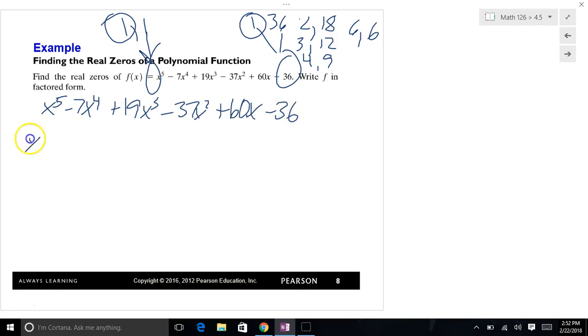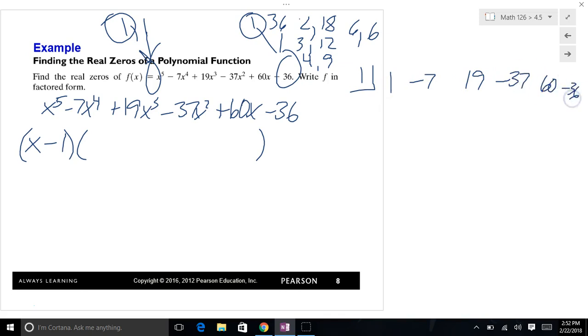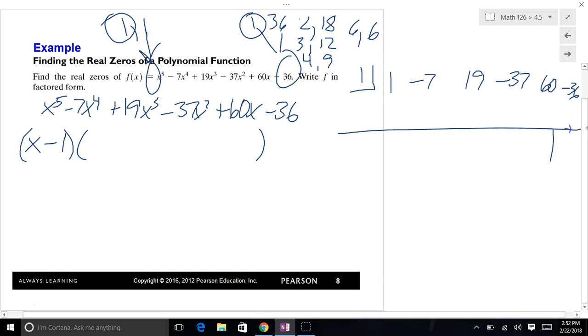If 1 works, then x minus that 1 is a factor. So we're going to go to the side and try 1. We've got 1, negative 7, 19, negative 37, 60, negative 36. Let's see what our remainder is.